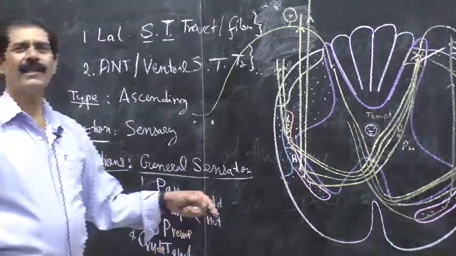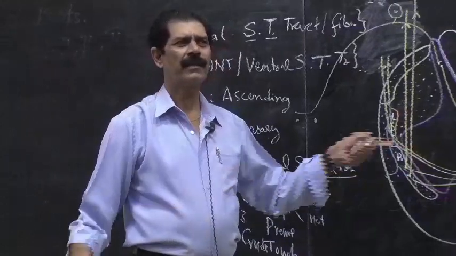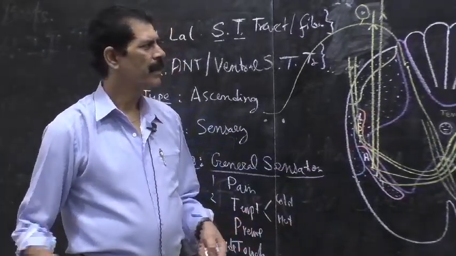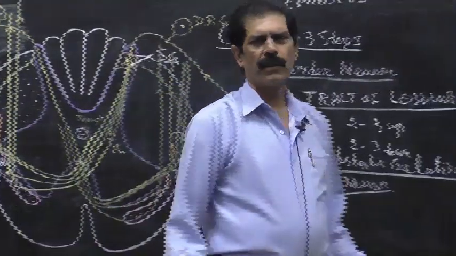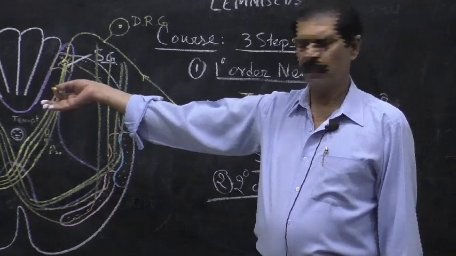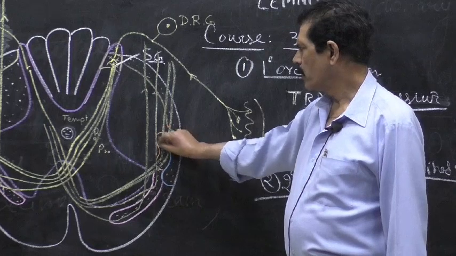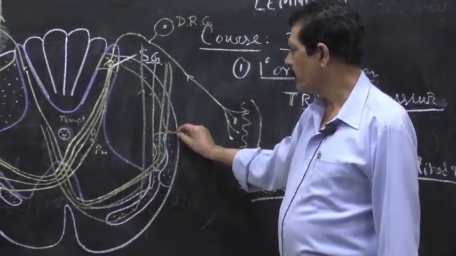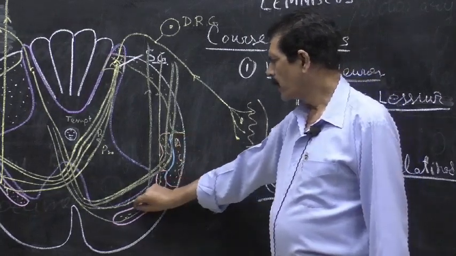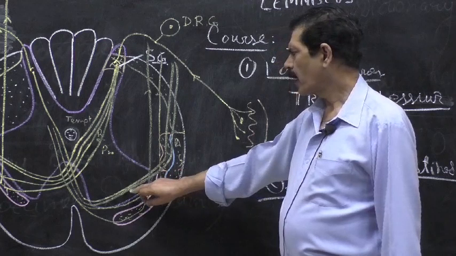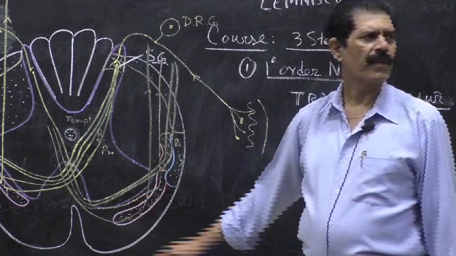This is how we show with the diagram how the lateral and the anterior spinothalamic tract is formed. Now the second order neurons cross and ascend on the opposite side of the tract, because the lateral spinothalamic tract lies medial to the anterior spinocerebellar, while the anterior spinothalamic tract lies anterior to the ventral horn. So that is the position.